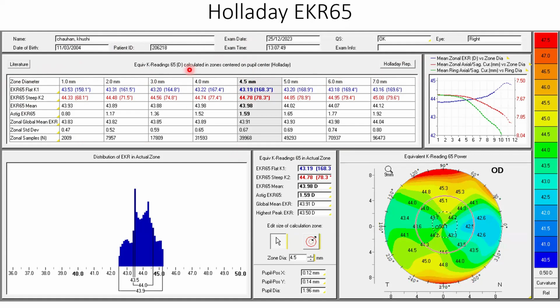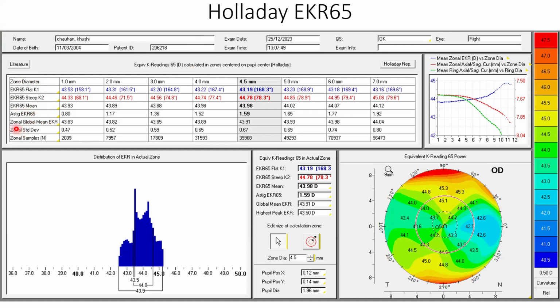That is an important point to note. All the values are calculated from the pupil center so that only actual rays contributing to the retinal image are used. So in this we have flat K1, steep K2, EKR 65 mean and the astigmatism of EKR 65.